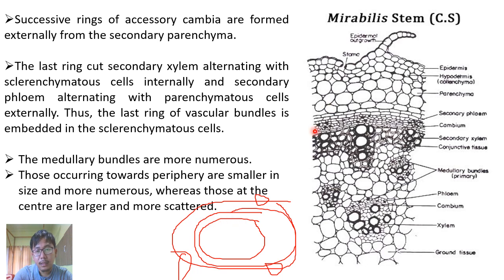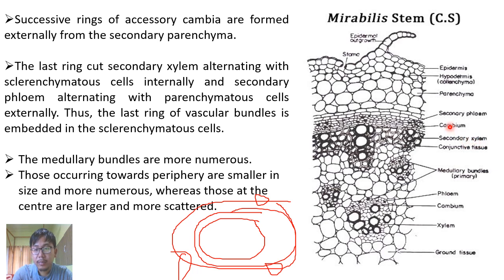Let's assume this portion is the last ring. This is a cambium. The last ring will cut secondary xylem alternating with sclerenchymatous cells. After the secondary xylem, they will cut sclerenchymatous cells. That means sclerenchymatous cells are cells that become dead when they attain maturity.